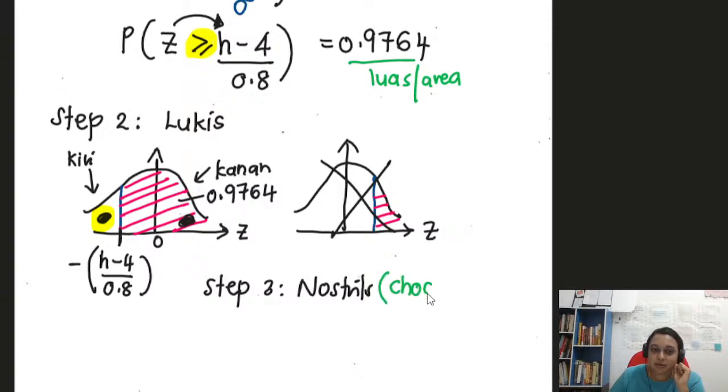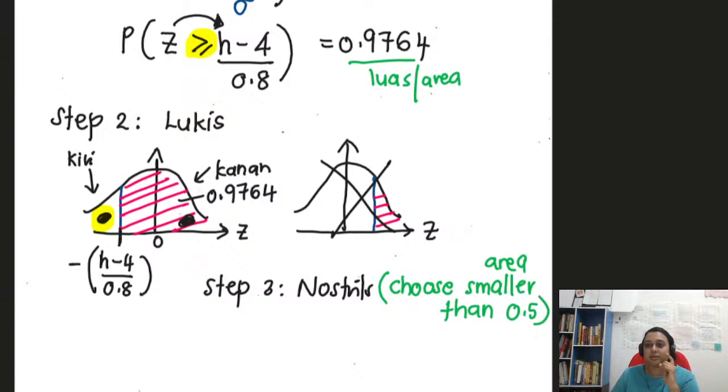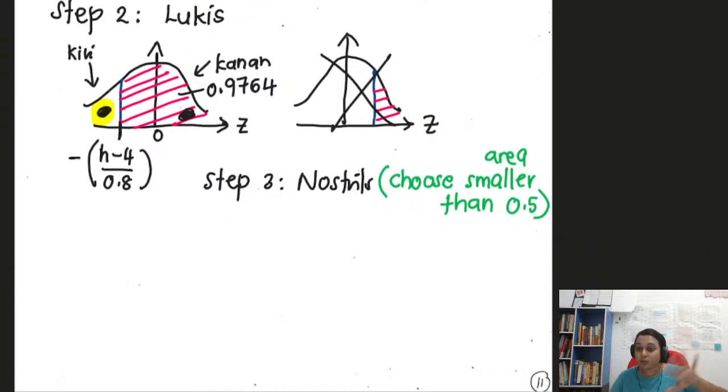Nostrils, the lubang hidung, you choose smaller than 0.5. Area lah. Area smaller than 0.5. Okay. Very important, because if let's say you choose 0.9764 kan, you go to the jadual, you won't get the answer 0.9764. Memang tak ada. So you have to choose the left one, kiri. Okay, kita choose luas yang kurang daripada 0.5.